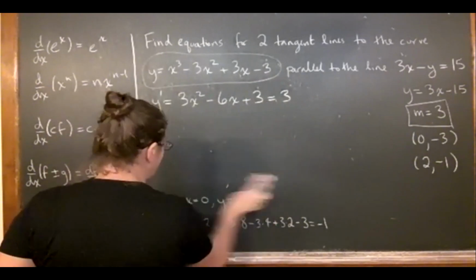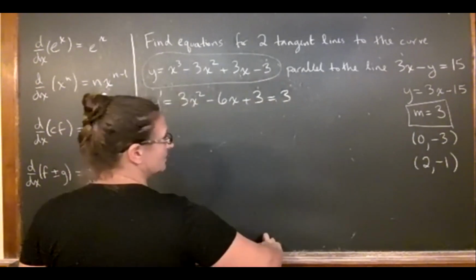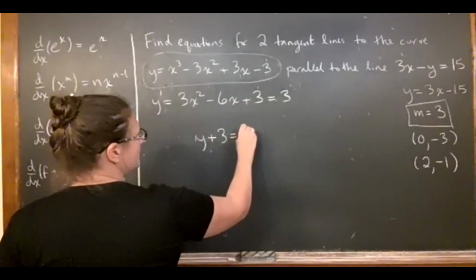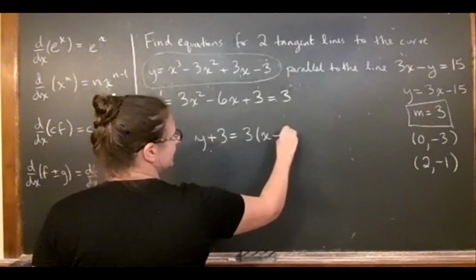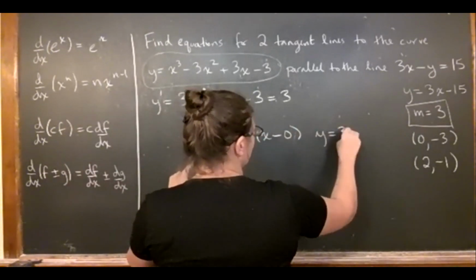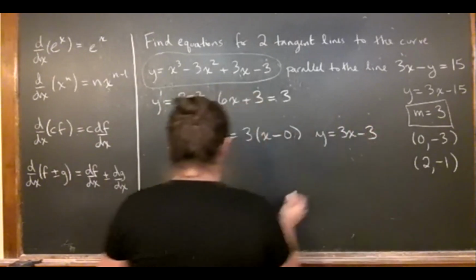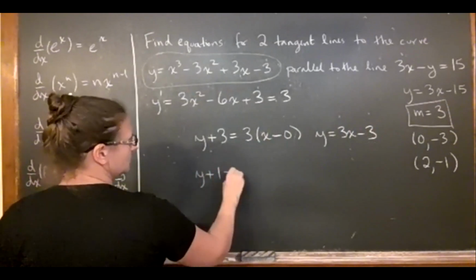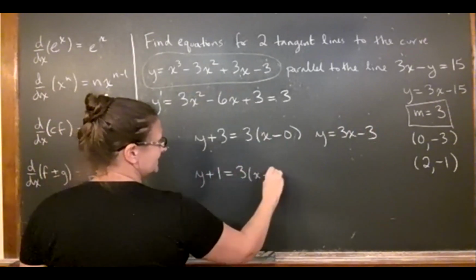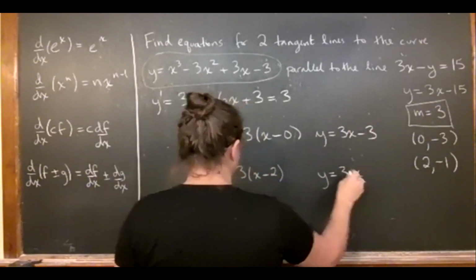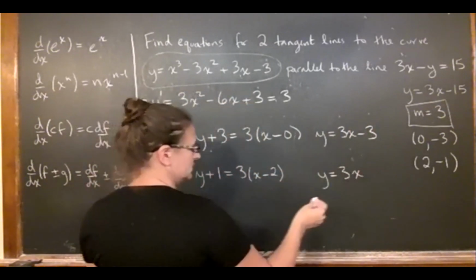All right, so the first one's going to be y minus y naught is 3 times x minus x naught. That's going to give me y equals 3x minus 3. The second one would be y minus y naught is 3 times x minus x naught. So that's going to give me y equals 3x minus 6 minus 1, so y equals 3x minus 7.